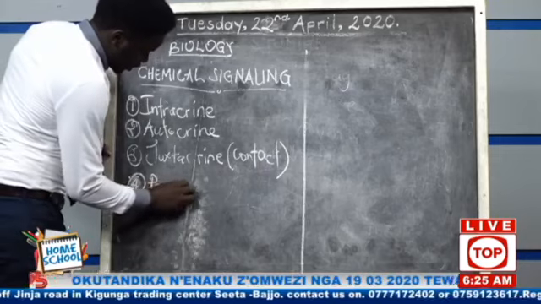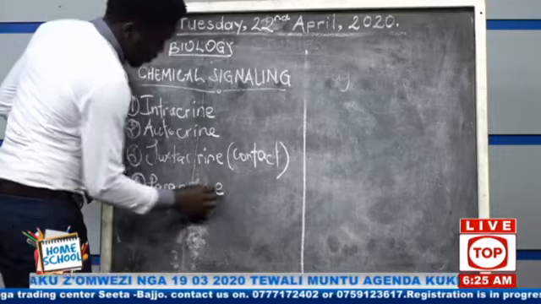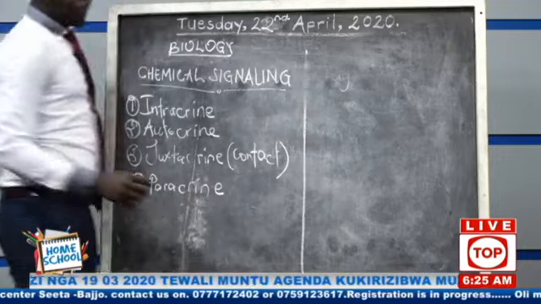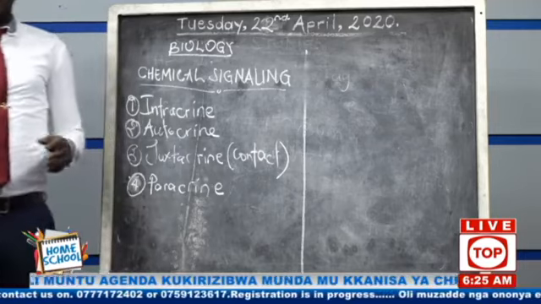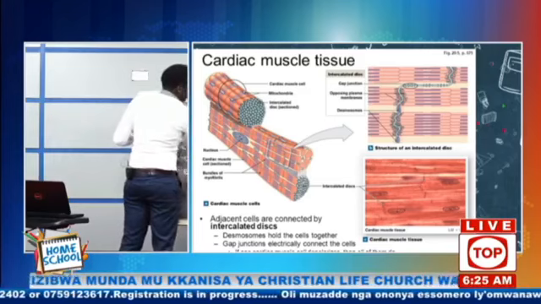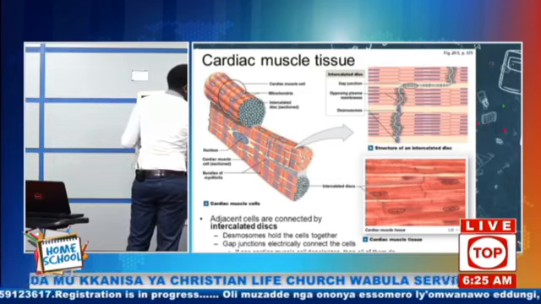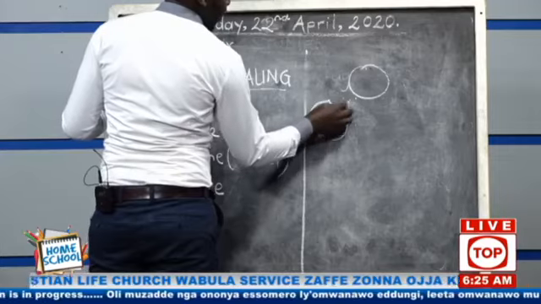Paracrine signaling is signaling of a cell within the vicinity of another cell. If this is the cell right here, it produces a chemical that floats and then comes to the target cells here.